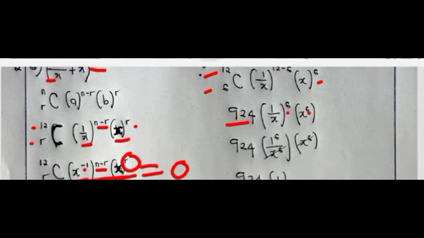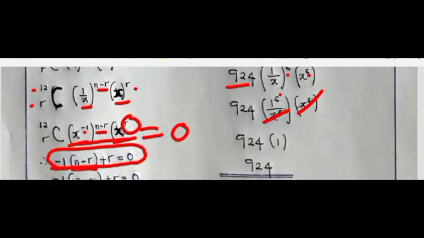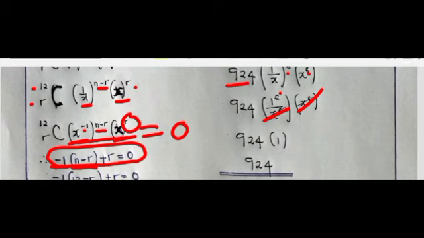So notice here I've put my 6 here and I've put my 6 here, meaning these can go. We've gotten rid of the x value. So 1 raised to power 6 is just 1, and then 1 multiplied by 924 is just 924, and this is the independent value of x.